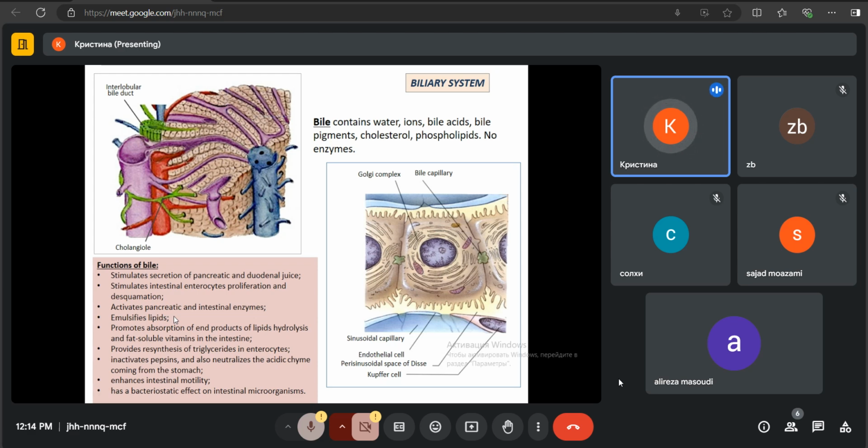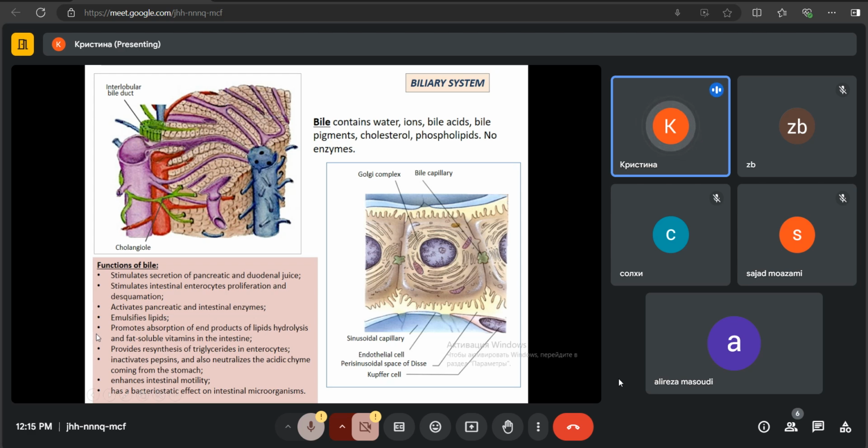So the smaller the droplets are, the faster the process of the breaking and digestion of these droplets will happen.